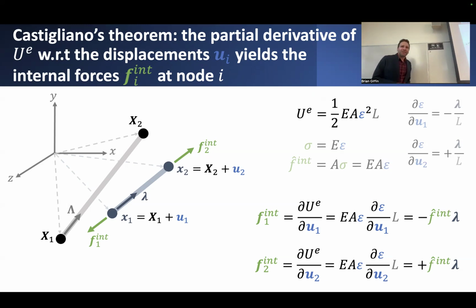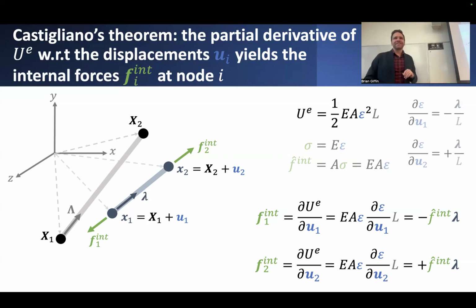Well, oftentimes, as you would need to do in practice, if you were deriving these expressions yourself, you would usually apply some kind of chain rule of differentiation, where if you're taking derivatives of epsilon squared with respect to displacements, in the case of epsilon squared, you would get 2 times epsilon times the derivative of epsilon with respect to the displacements.